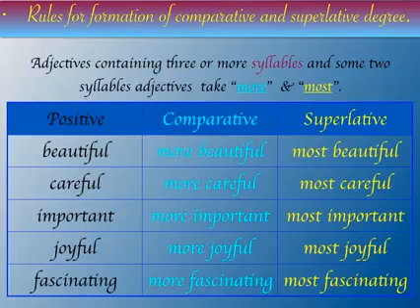So the comparative degree would be more beautiful, and the superlative degree of the adjective beautiful would be most beautiful. As we have studied in the previous exception that we use more for comparative and most for superlative degree. So over here, whenever we are not able to make any changes in the adjective, then we would be using more and most along with the adjectives.